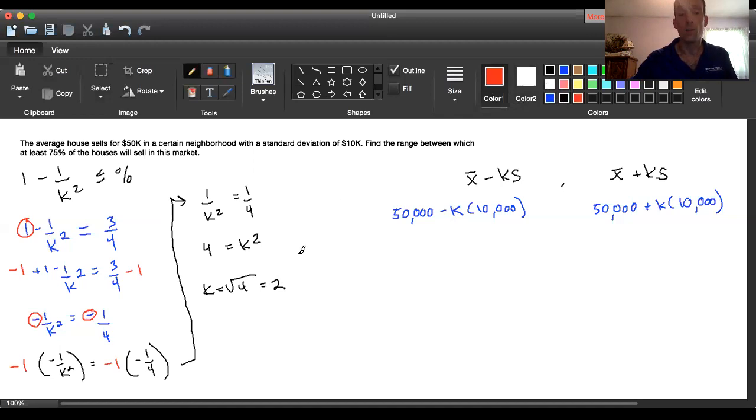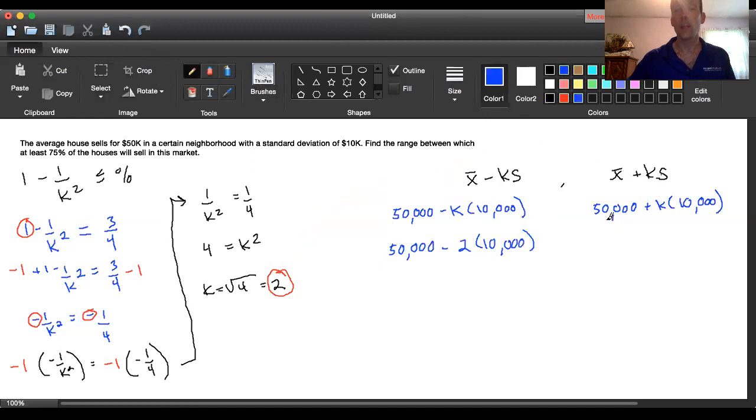So if we have to work the proportion, we know how to do that. And our objective now is we're going to take this value for k, and we're going to substitute it in right here. And we're going to put it in on this side right over there. So let's get that in the mix, and let's start to solve this out. We're going to say our 50,000 minus k is now 50,000 minus 2 times 10,000.